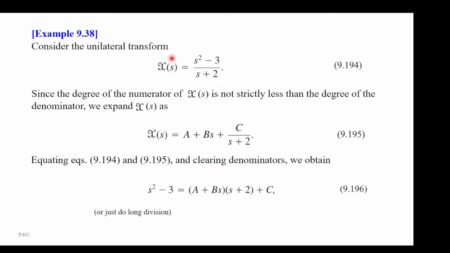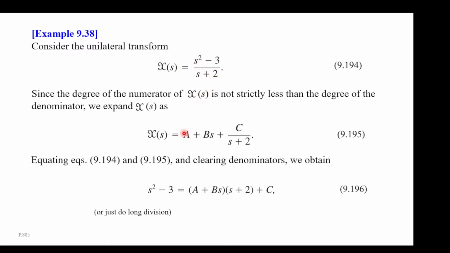You have big X of s equal to s squared minus 3 over s plus 2. Once again this is a rational function, and we can do partial fraction expansion, but now you see that the numerator has a higher degree than the denominator, so we just do a long division.